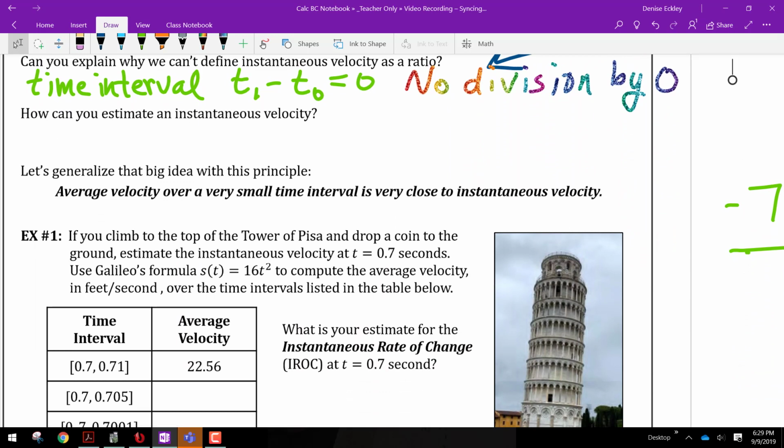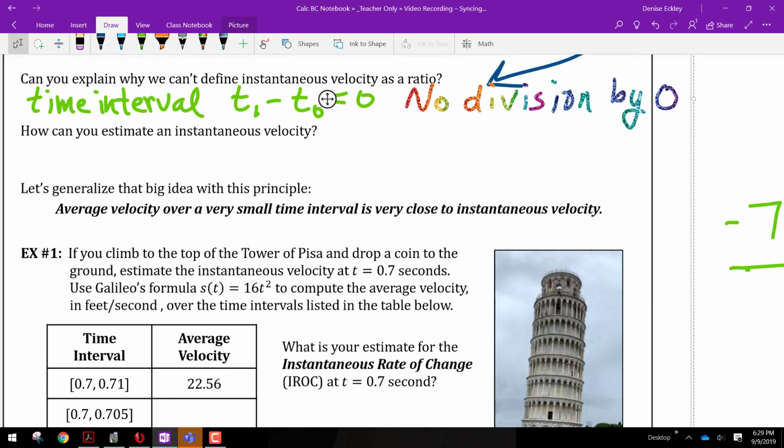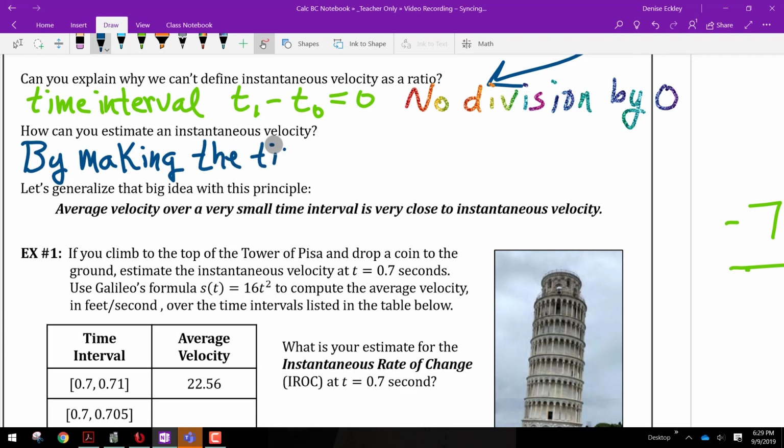Okay, so that leads us to the next question, which is, how can you estimate an instantaneous velocity? And our answer is going to be, we want to make the time interval very small. So the distance between t1 and t0 is as small as possible, so it seems like the time didn't even pass.